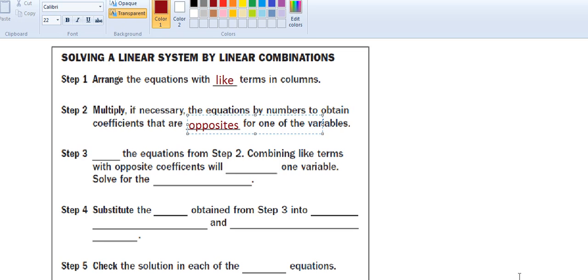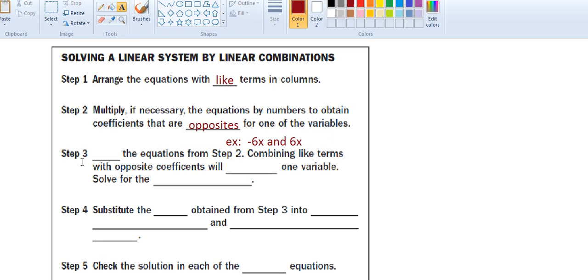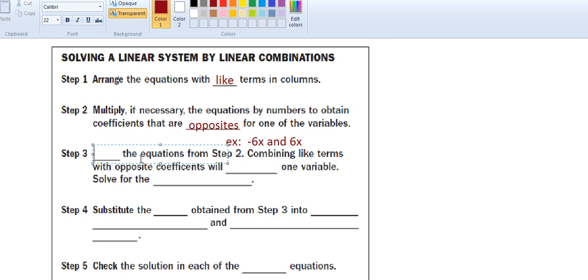So let's add a little bit to this here. When we talk about these opposites, we're talking about something like, for example, negative 6x and 6x. Those are opposites.